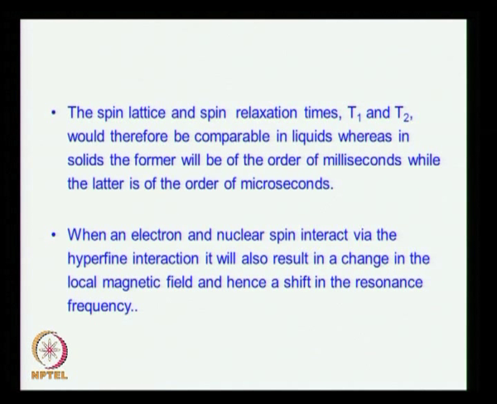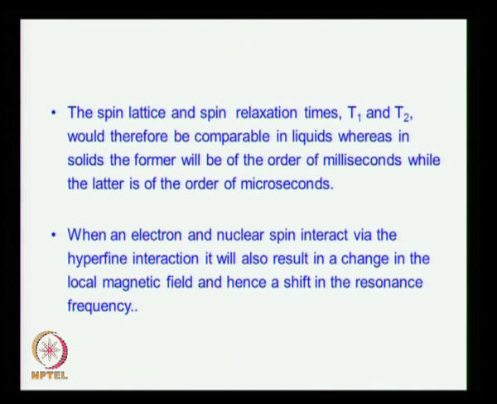Now, let us spend a little time looking at electron resonance. In the case of electrons, we can have very similar considerations for the observation of an electron resonance, because electrons in an unpaired electron spin system have a net angular momentum.